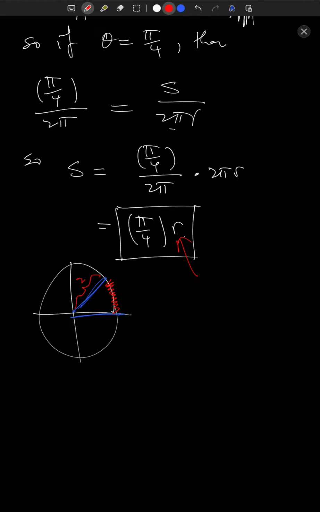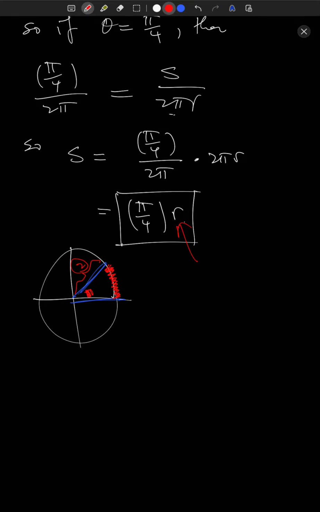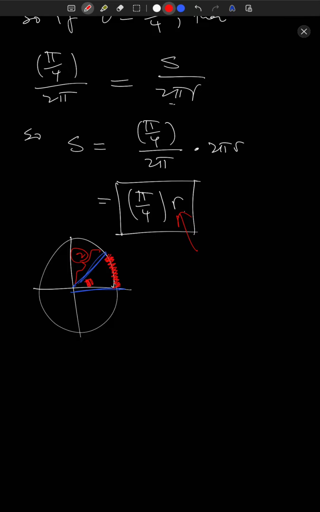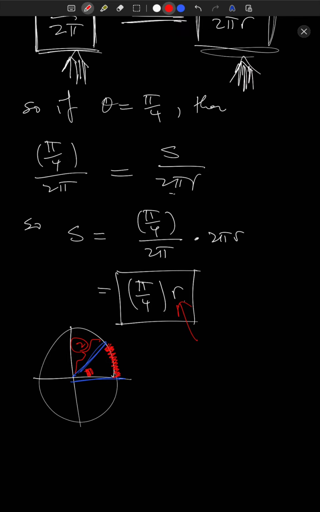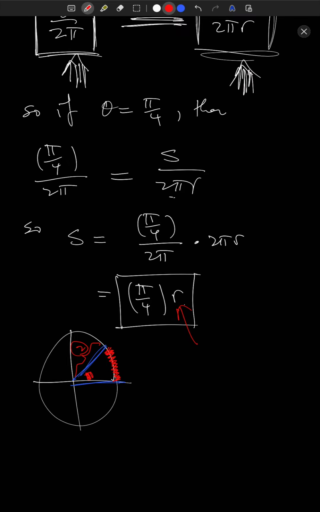If you drew a circle with size 2 here, and you measured this length right there, you would get pi over 4 times 2. Where this angle is pi over 4, 45 degrees.